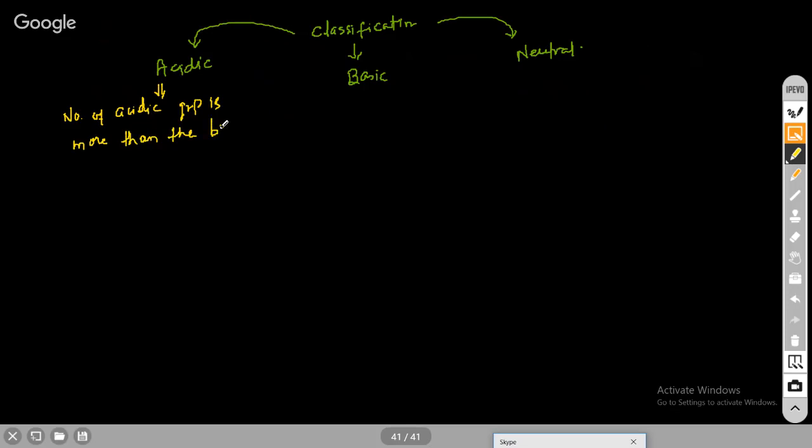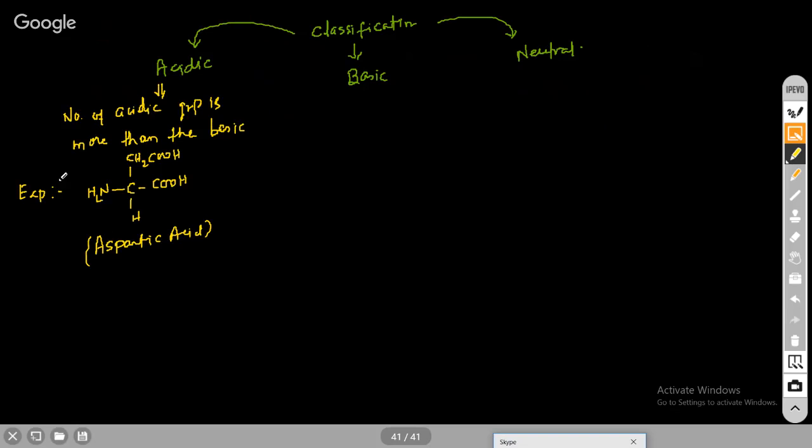Basic group is what? NH2. So for example, you see C, COOH, here we have CH2COOH. Here you write down NH2 and then one hydrogen. The name of this compound is aspartic acid. You see, there are two COOH groups, one NH2.